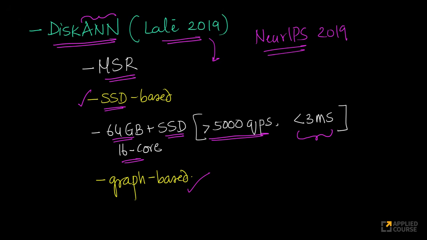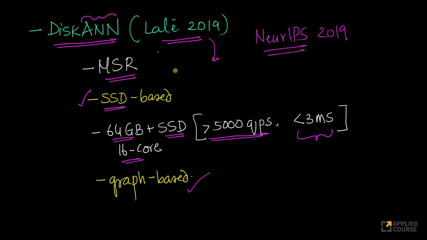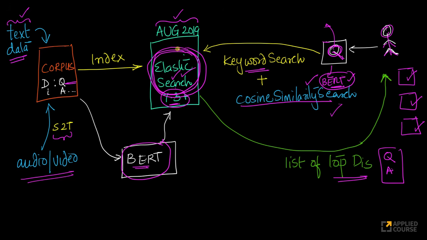But this should be the last resort when you're solving a real world problem, because implementing something like DiskANN from scratch and making it work will take much, much longer than using a library like Elasticsearch, or a whole platform like Elasticsearch, which has all these inbuilt niceties, and building a solution using it.